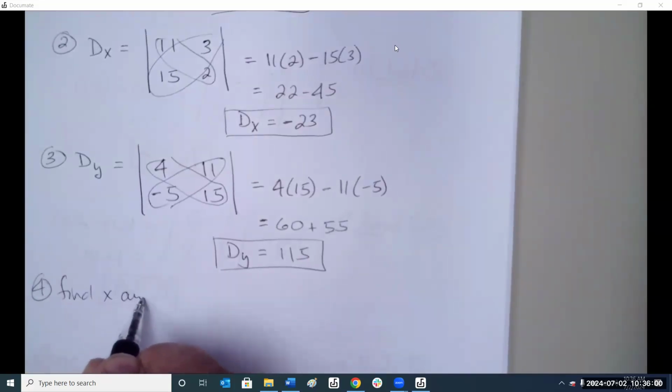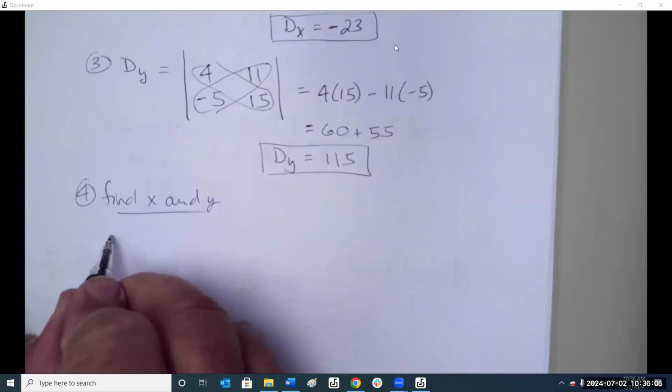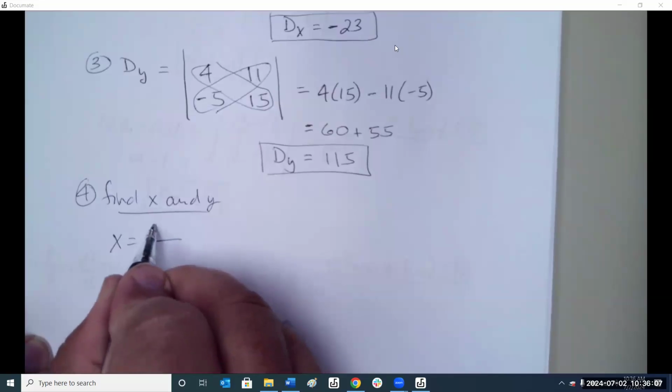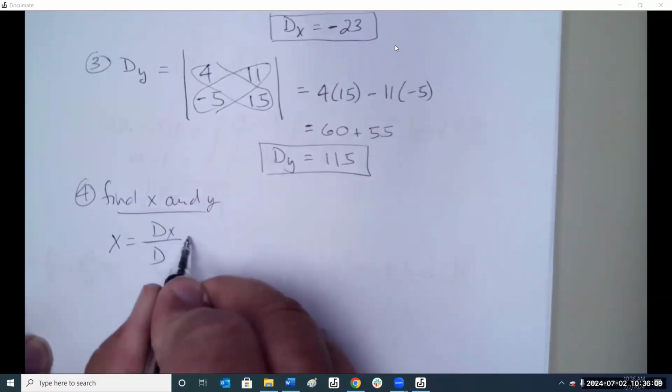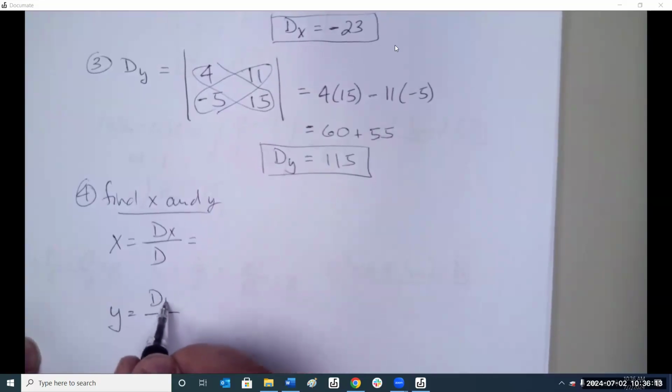Find x and y. x is dx over d, and y is dy over d.